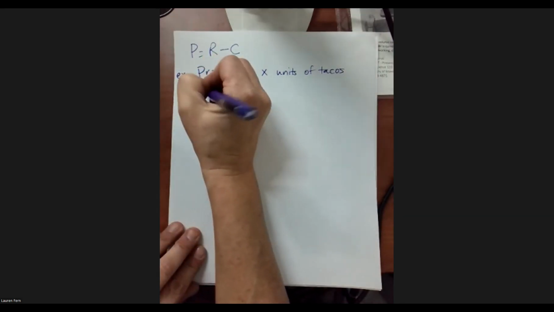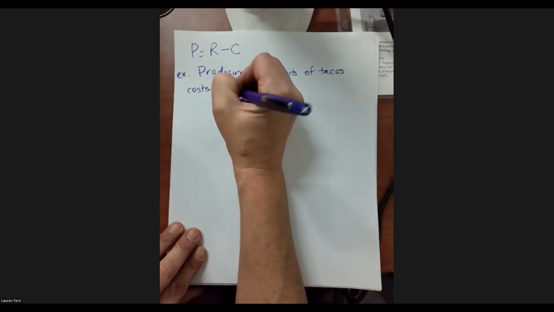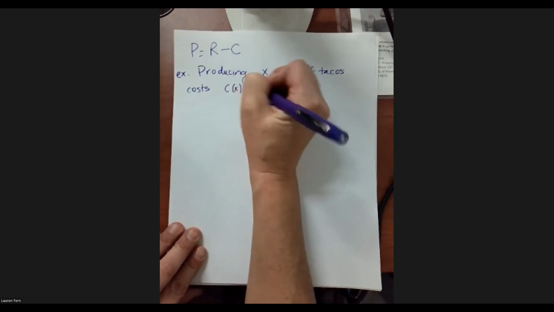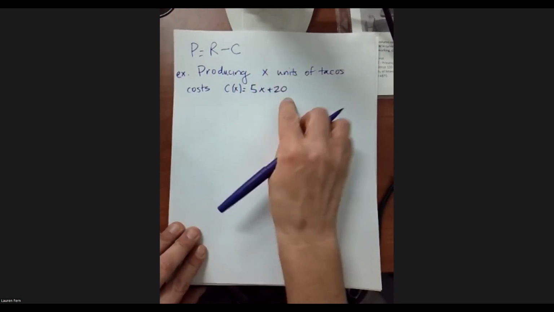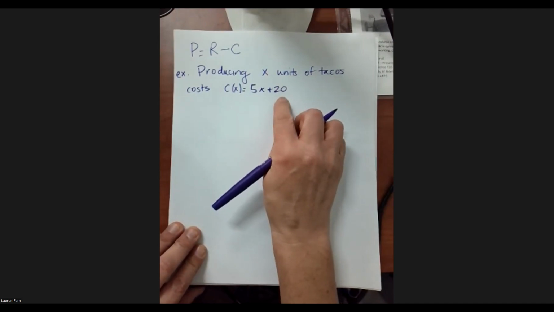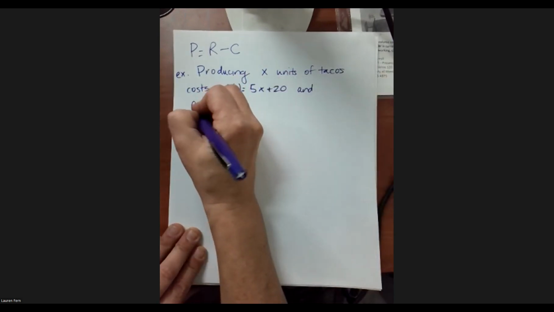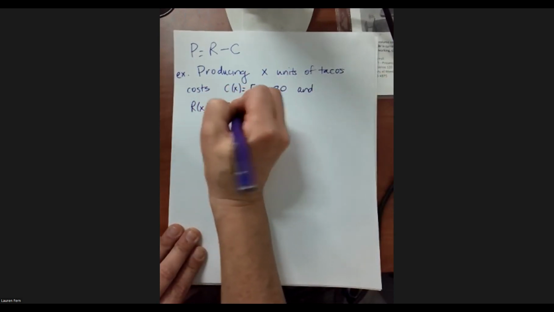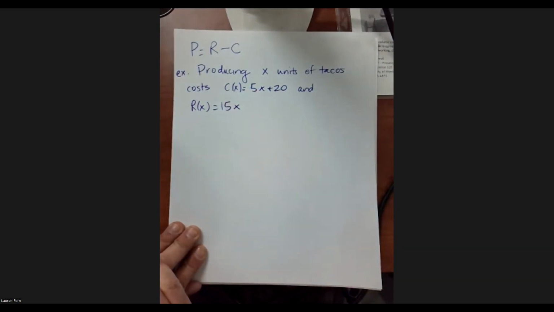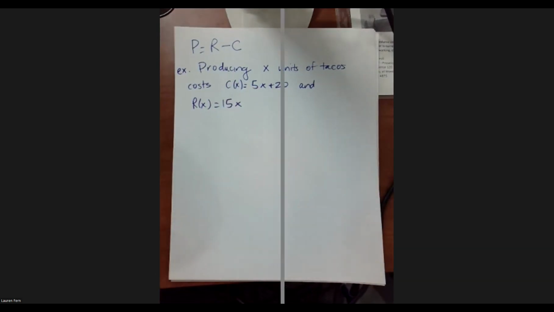But producing X units of tacos costs 5X plus 20. Notice in this case, we actually have our cost function, and it produces revenues of 15X. So in this case, this is almost about as nice as it can get. You're given your cost function and you're given your revenue function.